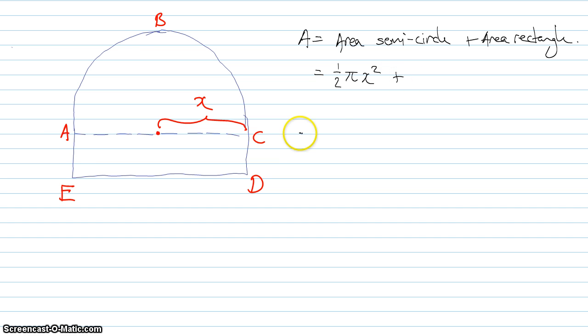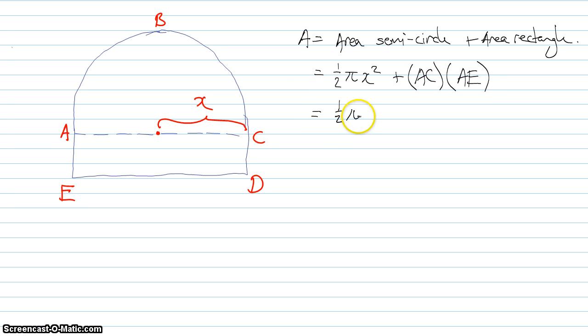What about the area of the rectangle? Well, that's going to be the length of AC multiplied by the length of AE. So this part's alright. This is the interesting part. AC times AE. Well, actually, AC, in fact, isn't too bad.